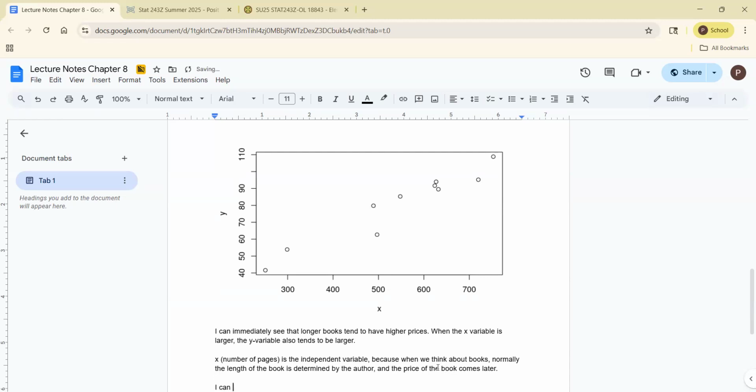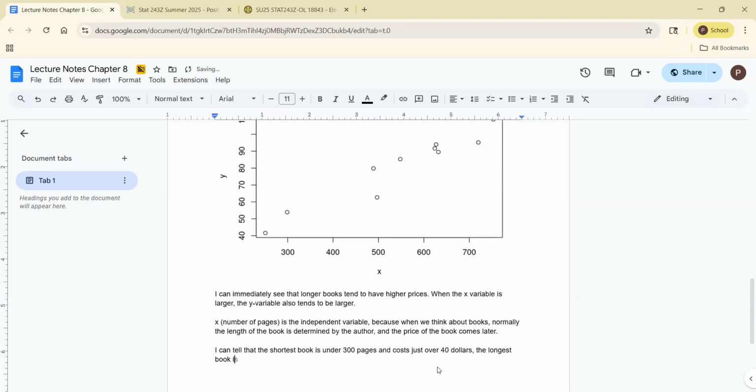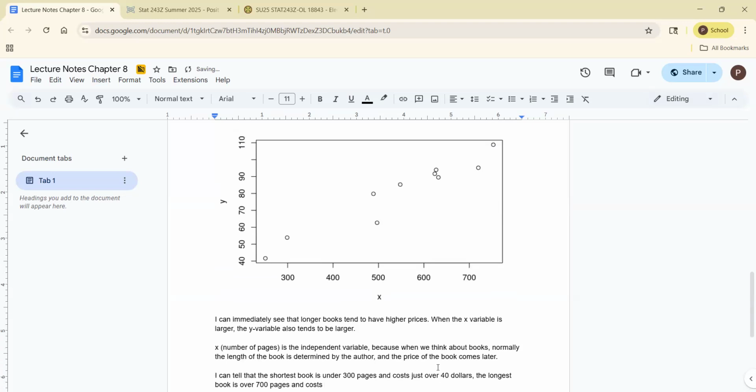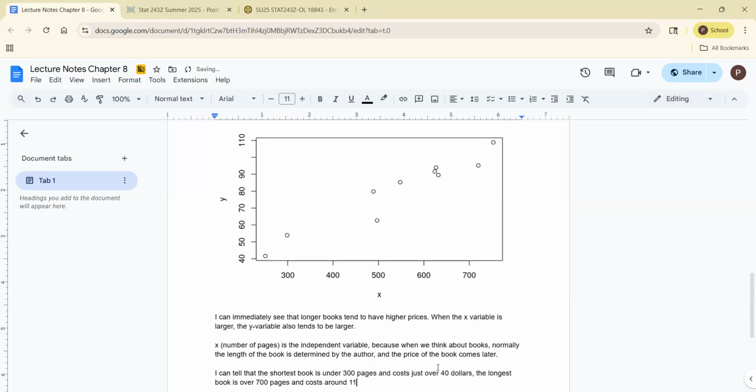Also from the visual, I can tell that the shortest book is under 300 pages and costs just over $40. The longest book is over 700 pages and costs around $110. So we can pull out a good amount of information.